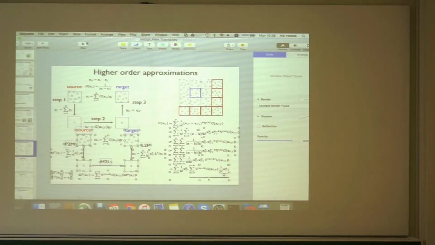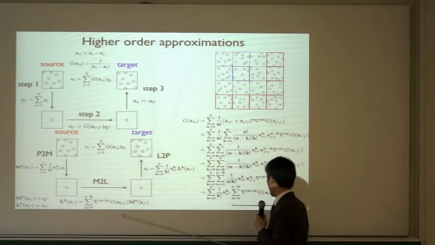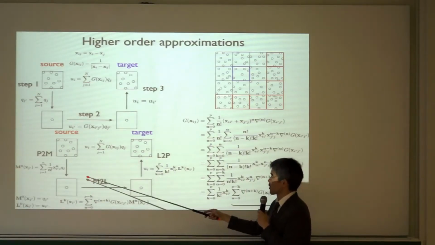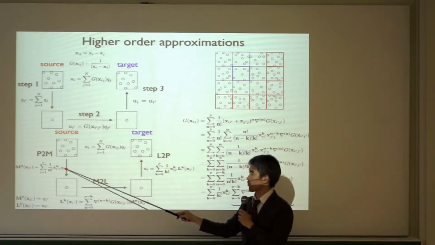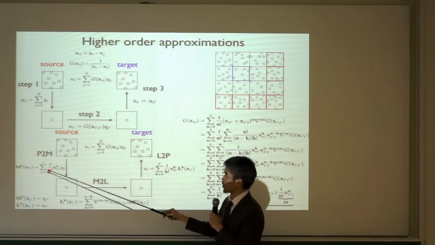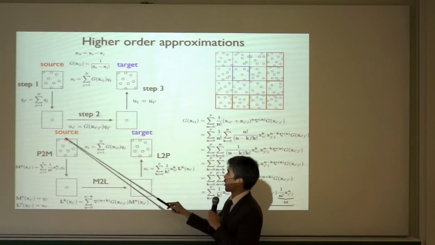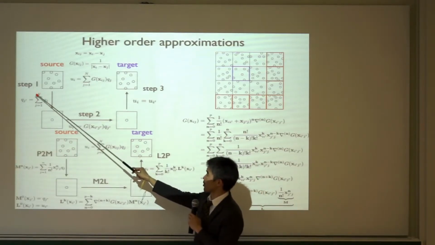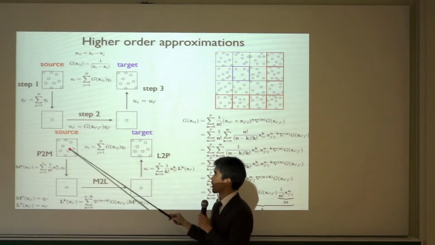Okay. So now you can see everything. So this one has turned into this, like I told you, this term being multiplied to q is the definition of the multipole expansion. You do that for all the points inside this part here. So you're summing for everything inside this box.